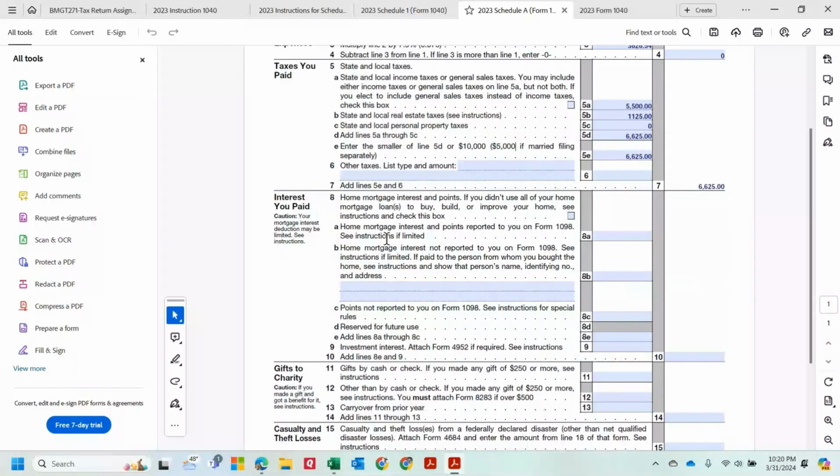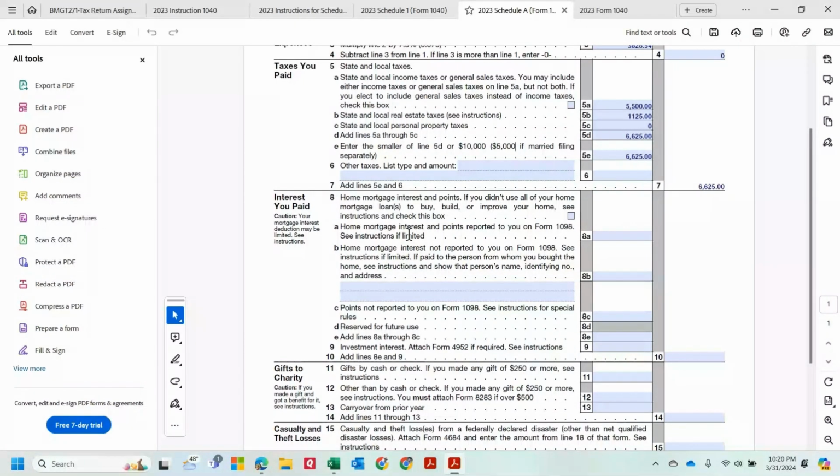Next step, interest that you paid. So home mortgage interest and points. In the home mortgage interest and points, these are things that you have from worksheet number 9. So the interest that you pay is going to get recorded in here. So the first part that we're going to put in is the interest and points reported on Form 1098.